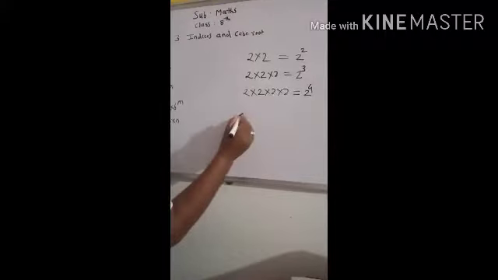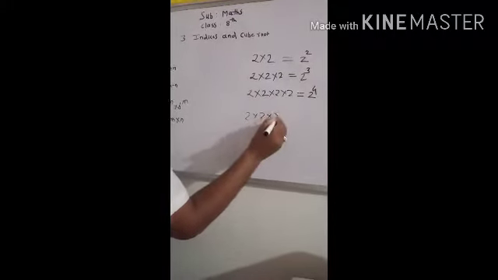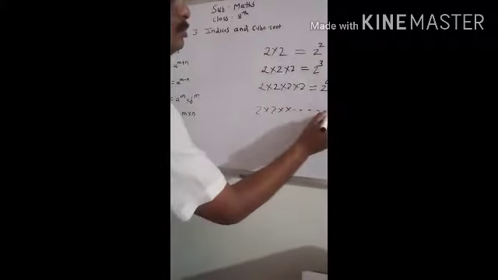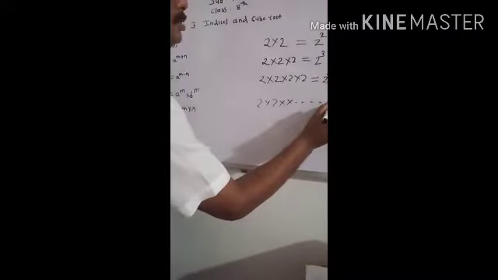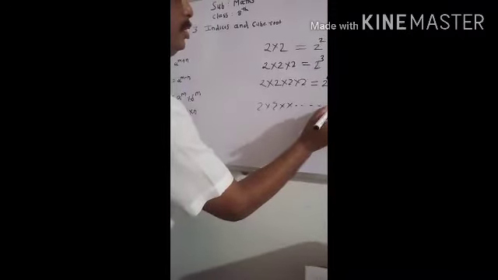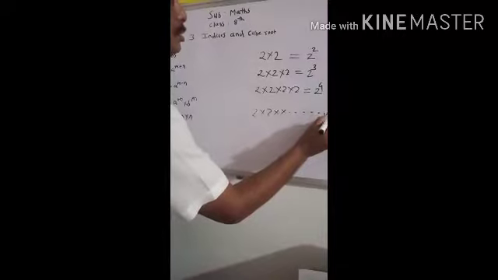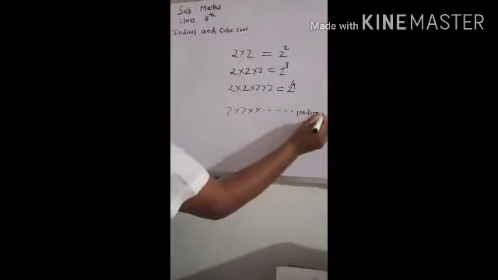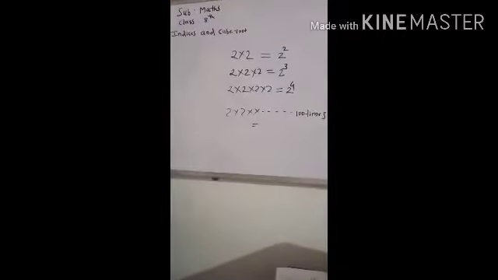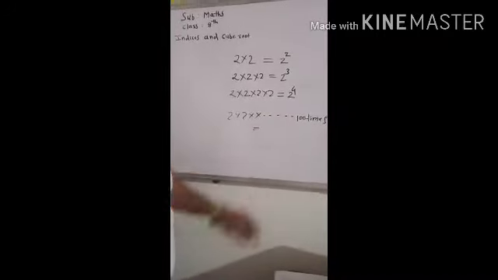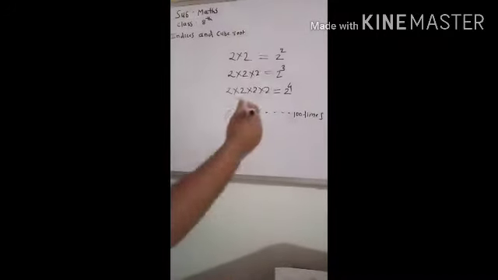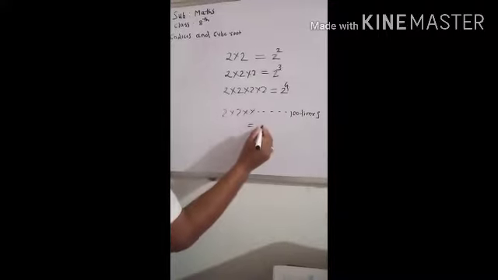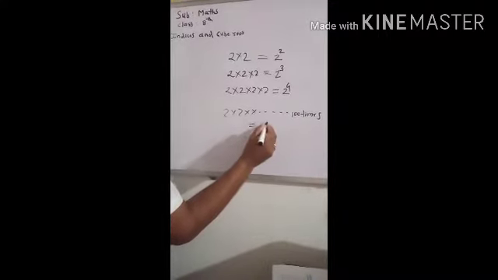When the multiplication form is 2 into 2 into 2, dot dot dot, 100 times, then how will we write this multiplication in index form? 2 to the power 100.